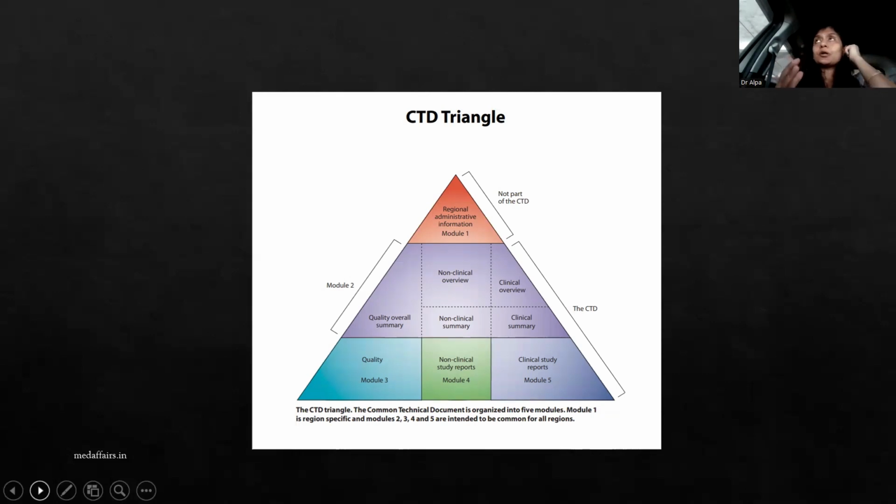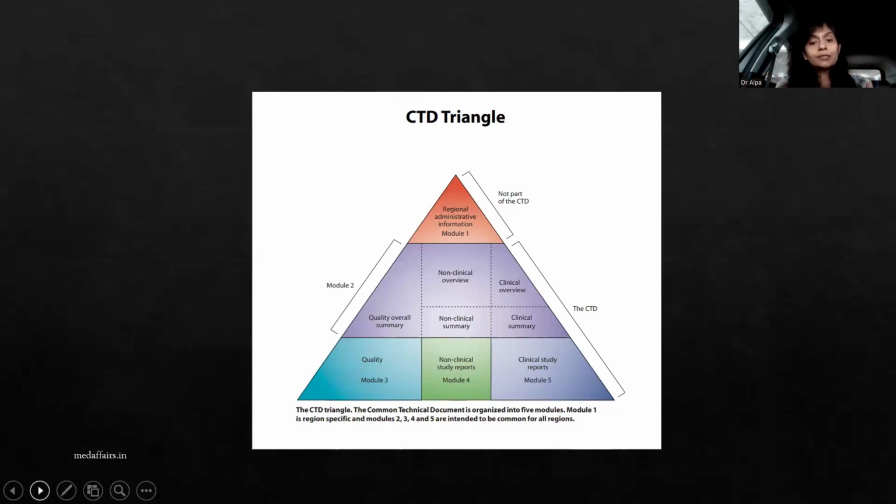So logically, as can be understood, this particular section will differ from region to region. Now coming to the next 4 modules, modules 2, 3, 4, and 5, these have a defined template, and this will be a uniform structure which won't vary.